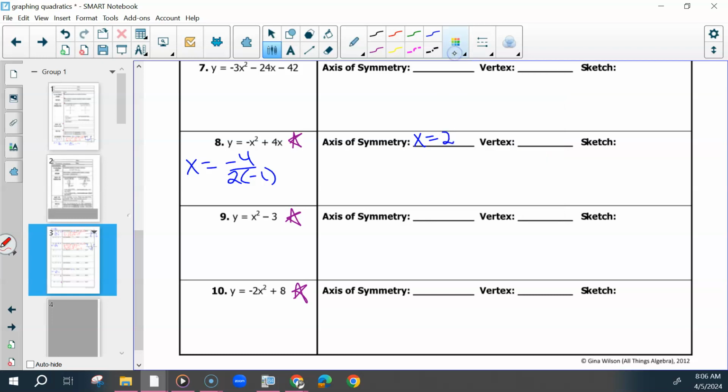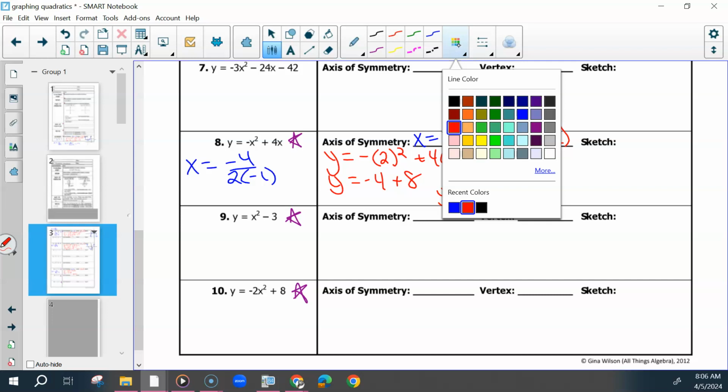You guys see that? Alright, and then put that in and figure out what y is. It is 4. So vertex 2, 4.